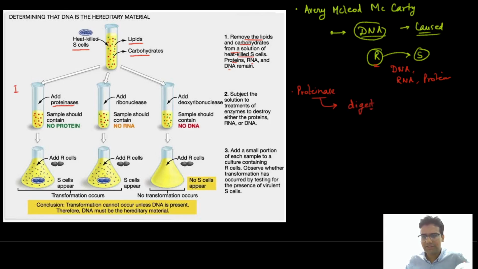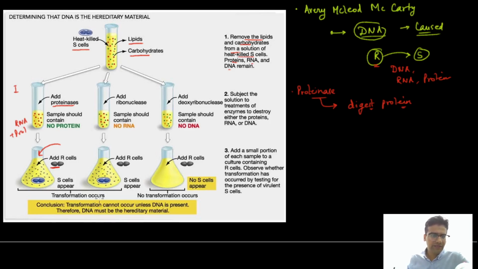So after adding proteinases, the solution will contain only RNA and DNA. Let us say protein has caused the transformation. Then if we add the R form into this bottle, the R form should not be able to convert itself into the S form.